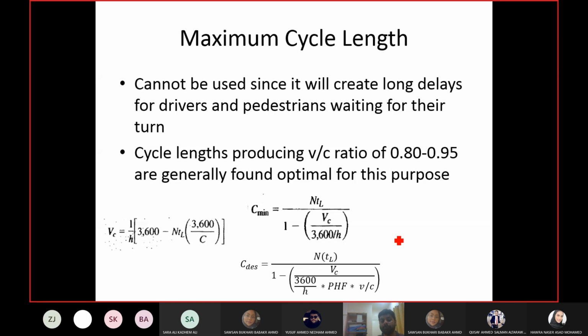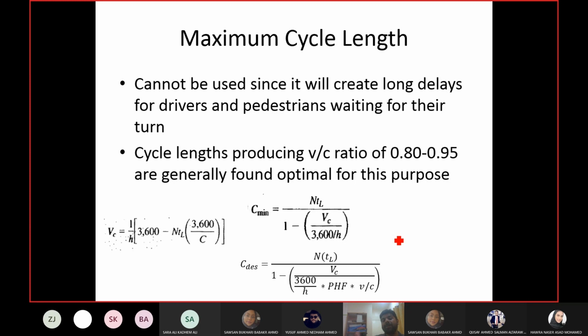Okay, because if volume is exactly equal to capacity, so if you had made any error in calculating or observing the volume, then you don't have any margin of safety now. You design the cycle length so that capacity of the intersection is exactly equal to the actual volume. So now you don't have any margin of safety.